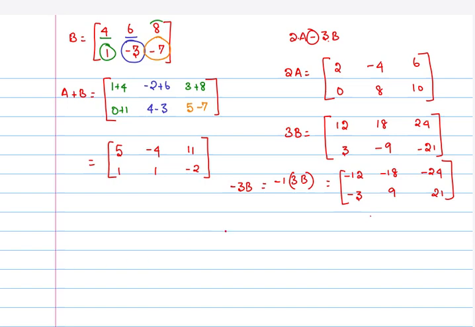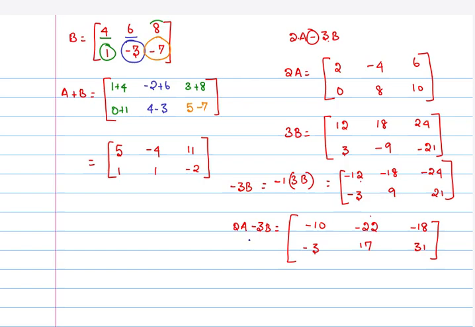So you can find 2A minus 3B. It is nothing but simply adding these two matrices. You will get minus 10, minus 22, because minus 4 minus 18 is minus 22. Here you will get minus 18, here minus 3, here 17, and here 31. This is the matrix 2A minus 3B.